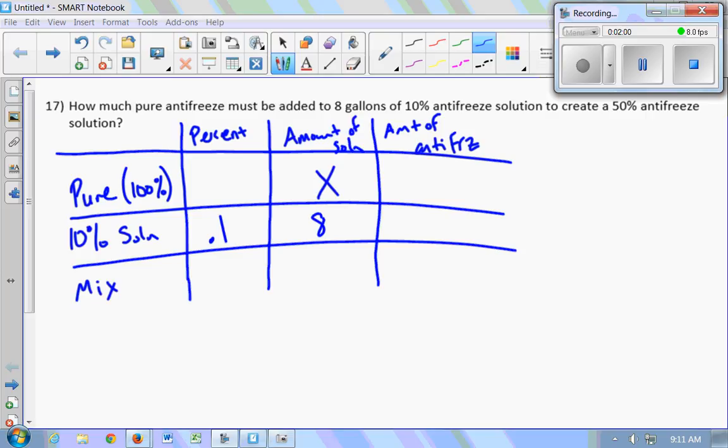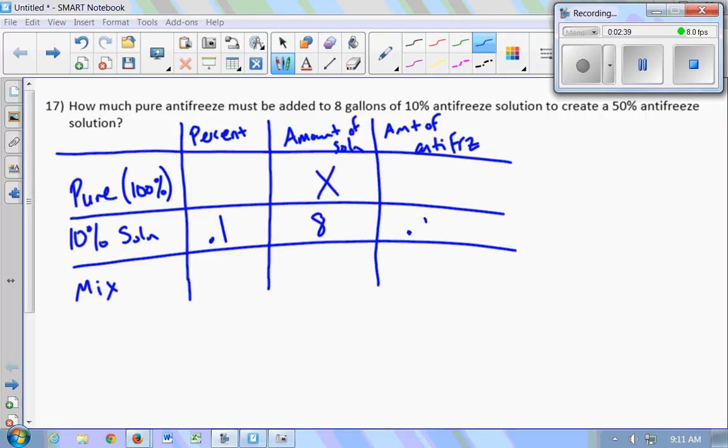So how many gallons of pure antifreeze are in that 10% mixture? 10% of the whole 8 gallons is antifreeze. 0.8, yeah. 10% of the total is pure antifreeze. So it's 0.8 gallons pure antifreeze, 7.2 gallons of water.